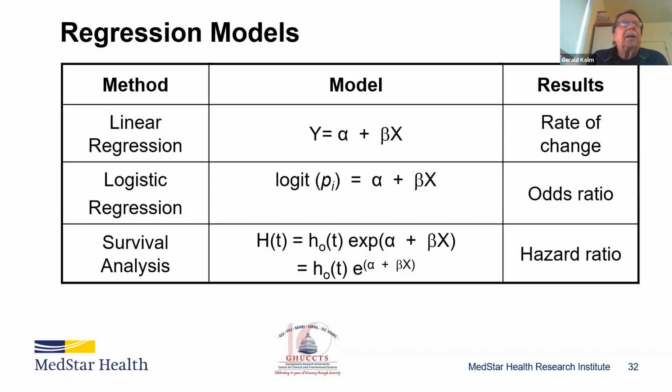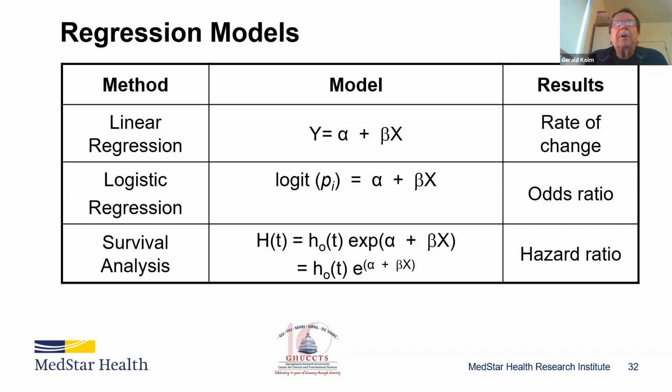And so in terms of models, recall that our linear regression model can be expressed as the dependent variable, or the outcome, is equal to, and what I've used here is alpha plus beta x, where x is our covariate, or our variable of interest.